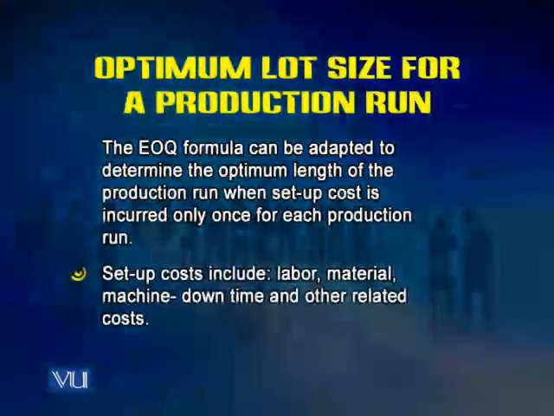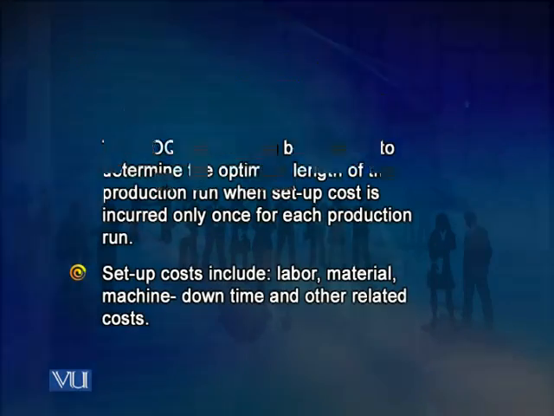Now, in that scenario, we can use the economic order quantity model to also arrive at the most efficient size of the production run. Setup costs include labor, material, machine downtime, and other related costs. These are the costs which form part of the setup.